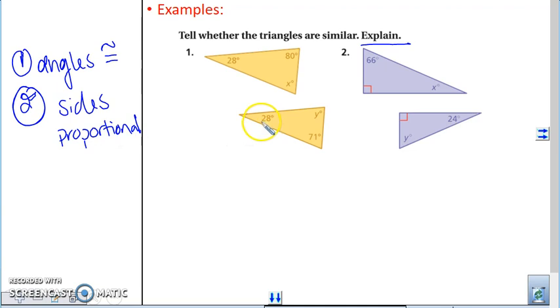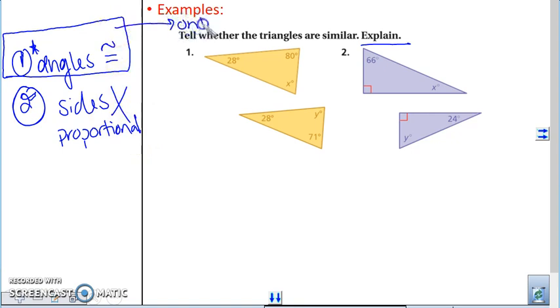Alright, in this triangle right here, we're only given angles. So we know with triangles alone, all we need to do is satisfy this first one, angles are congruent, and we don't have to worry about this for only triangles. Only triangles. You only have to have the same angles.